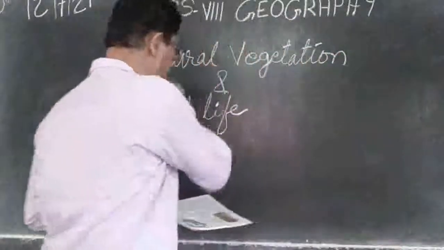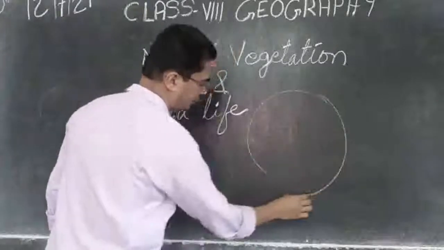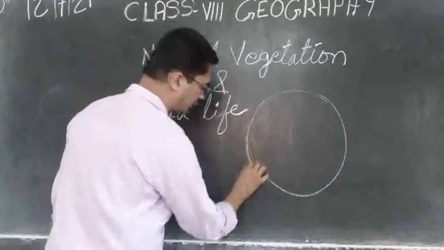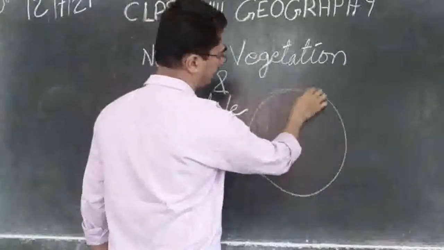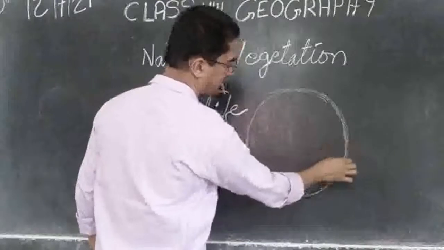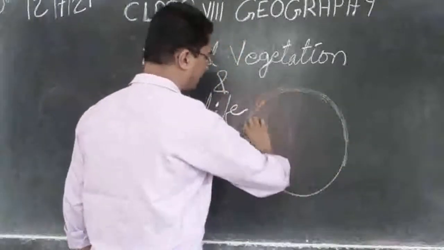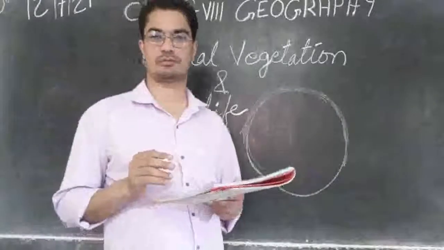The earth, the globe is there, and only in this top part do we find the trees growing and the animals living. It's a very narrow zone.